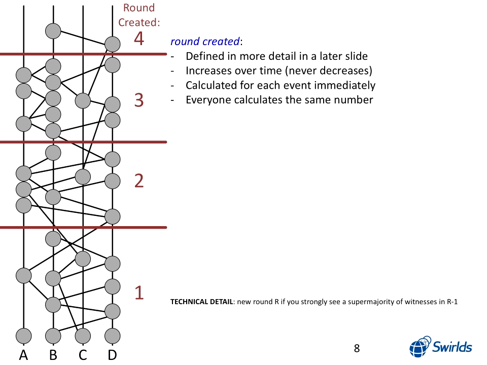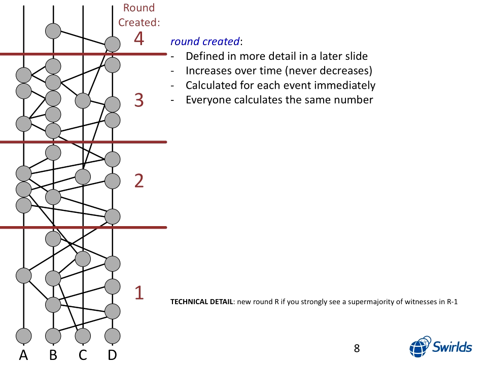The instant you received it, you looked at all its ancestors and you said, ah, this has a round 4 round created, and this is a round 4 event. All right. And if you're interested, it's when a supermajority of the witnesses in the previous round can be strongly seen. But we'll get to that in a second. The important thing is that there is a way to divide these up into rounds.